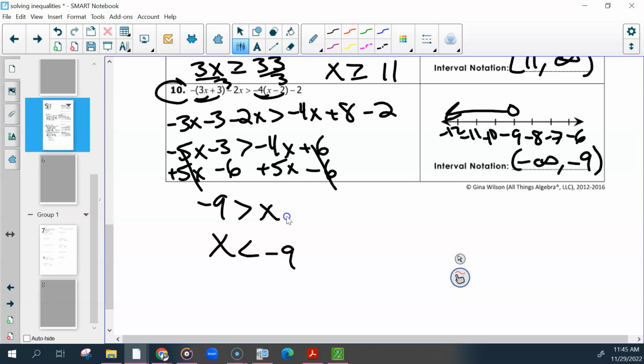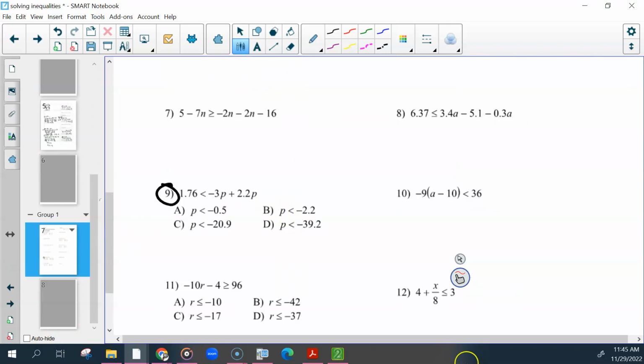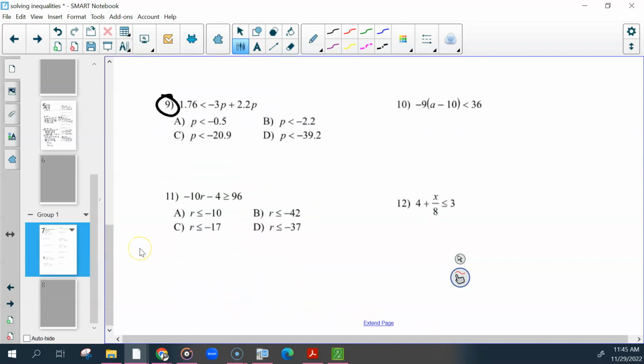Okay, so go to the very last page, and we're going to do number 9. Here we have decimals, but that's not going to change anything. We still do it just like a normal problem.